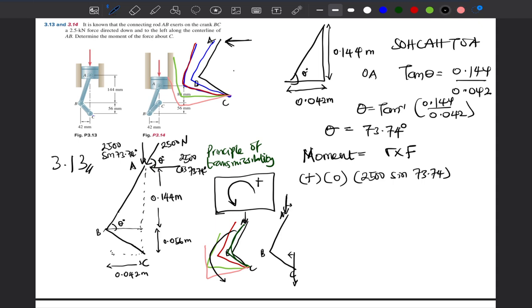So you can also see that this horizontal component is moving our body in an anti-clockwise position. So our symbol here is going to be positive also. Then the perpendicular distance.